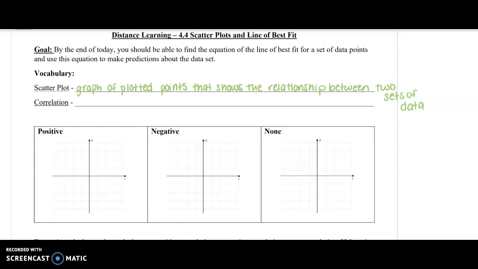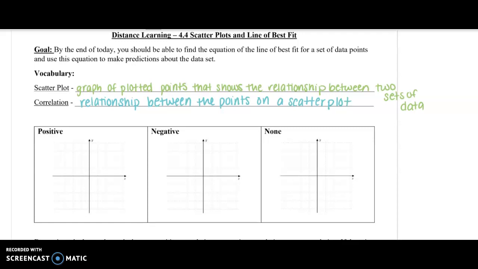Okay, so it's just going to be a bunch of plotted points on a scatter plot. There's not going to be a line connecting those points, it's just the points. Then we have something called correlation, and the correlation is the relationship between the points on a scatter plot. Okay, so it's how all of those points that I put on there relate to one another.